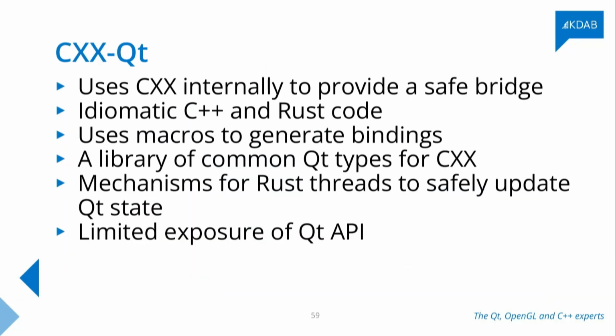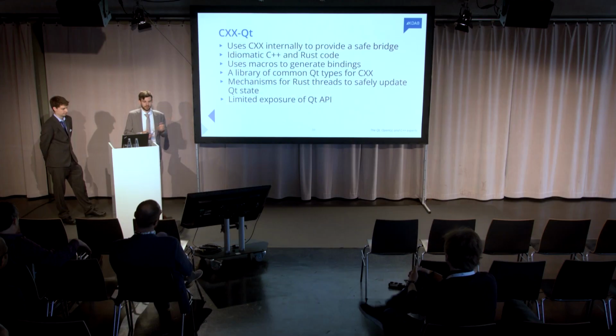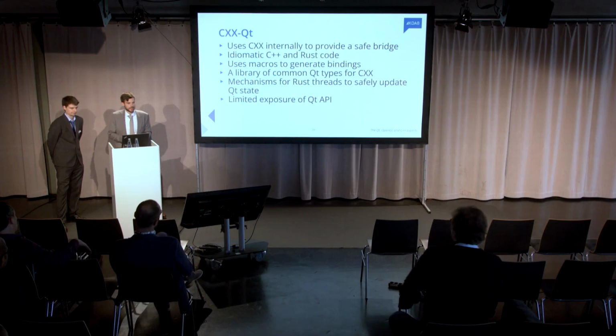So to sum up, CXX-Qt is built on top of CXX, and it can, in the end, give you idiomatic code on both the C++ and Rust side. It uses macros to generate bindings, so no JSON that you need to write. It already comes with the library of the common Qt types, so that QColor that you saw earlier will be available to you as well. We also provide some mechanisms to make threading safer, to safely update, for example, from a background Rust thread, because you will need to get back into the Qt thread at some point.